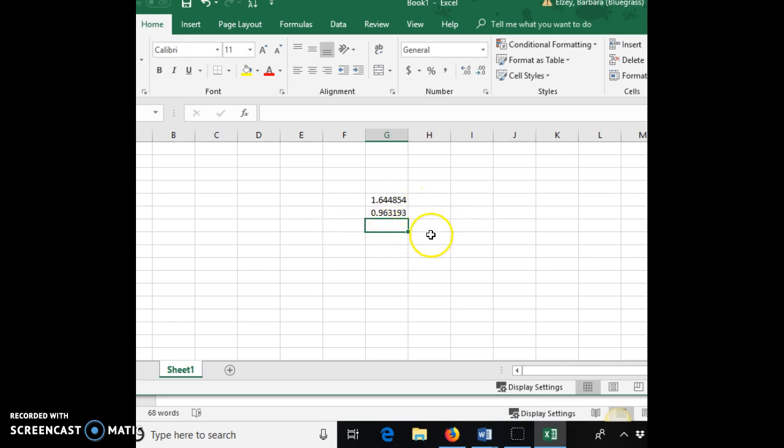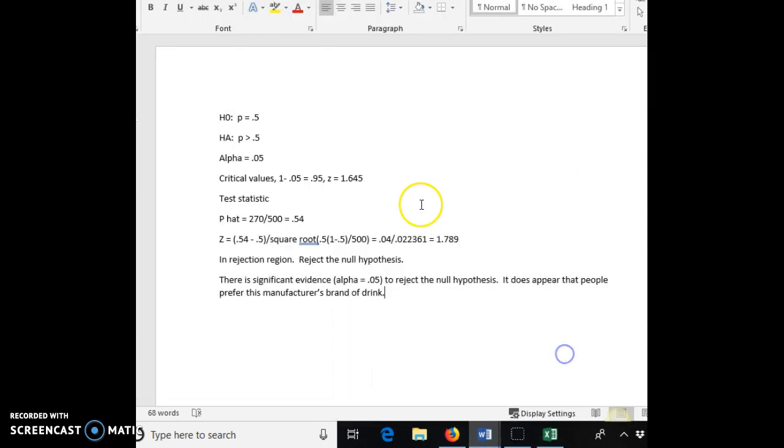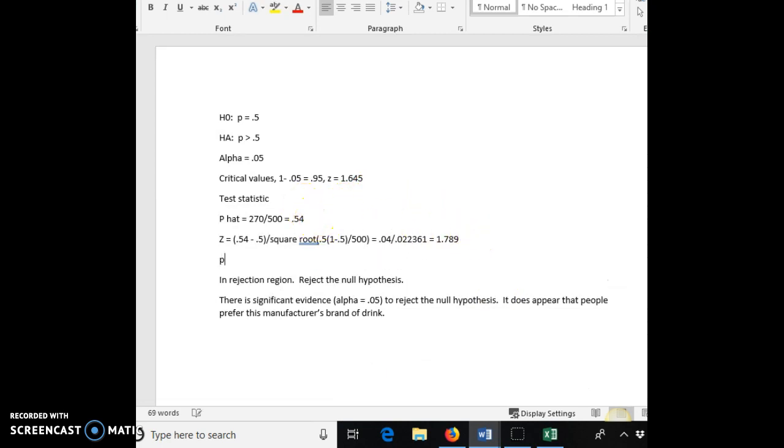Now remember, since it's a right-tailed test, we have to subtract this from 1. So 0.9632 subtracted from 1.